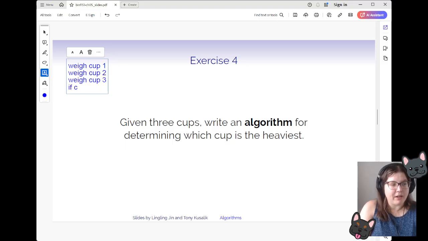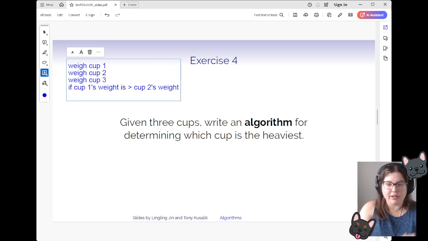And we're going to say if cup 1's weight is greater than cup 2's weight, then we're going to indent over, because this is only something we do if we're saying yes to whatever that condition is. If we're saying, yeah, cup 1 is heavier, then we're going to check to see if cup 1 is heavier than cup 3. There's a bit of a different way they do it in the exercise solution, so I'll let you see that, and then you can see how my brain works for this.